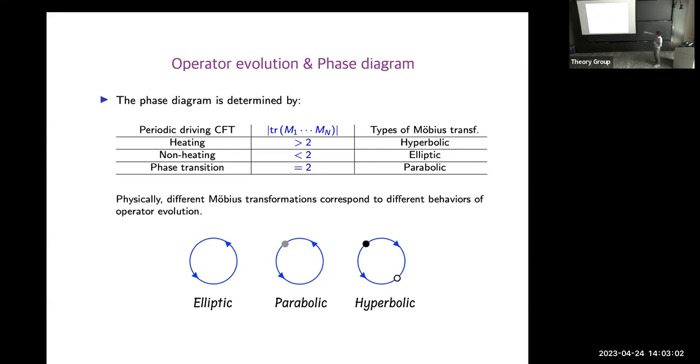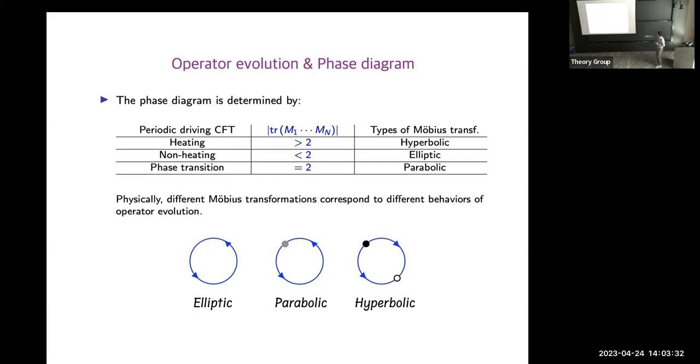However, in this heating phase, the operator will no longer oscillate along the circle. It will flow from some unstable fixed point to some stable fixed point. It will never come back to its initial location. This means the system can never go back to the initial condition. This means something interesting may happen.